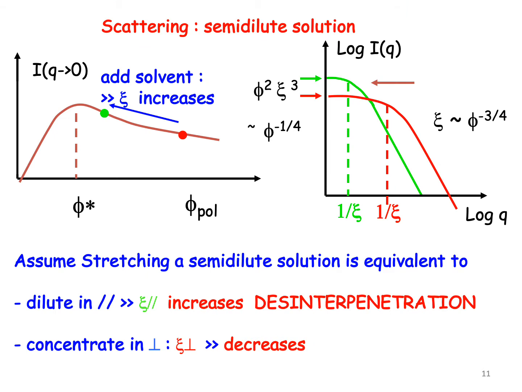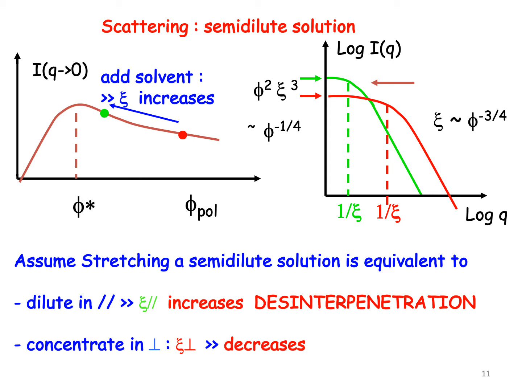Now, the scattering of this semi-dilute solution is represented in red on the right-hand side figures in log I versus log Q. If we consider a more dilute system, Xi is larger, as we just saw, so that the zero-Q limit of the intensity becomes larger.